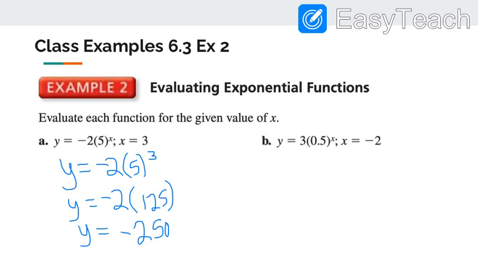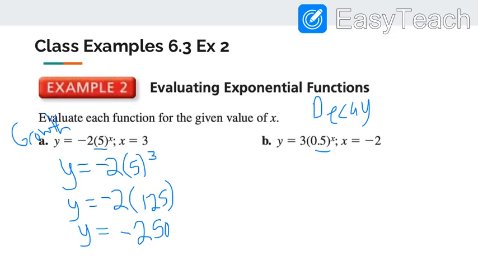Our other one, let's identify this one over here. This one here is exponential growth, because the b value is more than 1. This one here is decay, because that b value was less than 1.